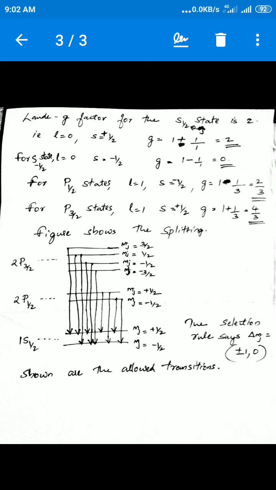Next one is 2P half. There also J is half, so it can split from minus J to plus J, so minus half to plus half. Next one is 2P 3 by 2, where J is 3 by 2. So minus J to plus J means 3 by 2, half, minus half, minus 3 by 2. So 4 splittings can happen.